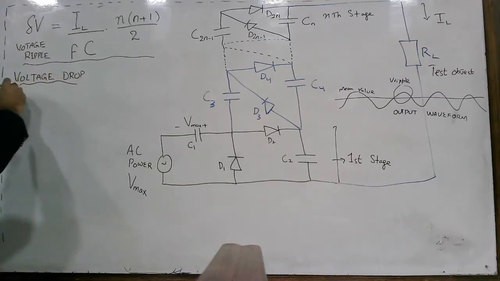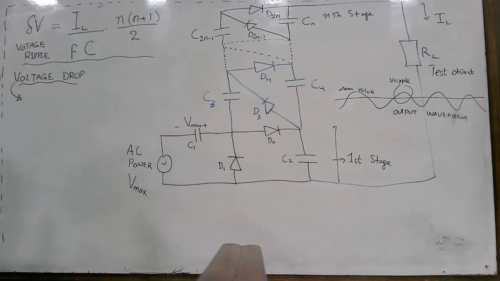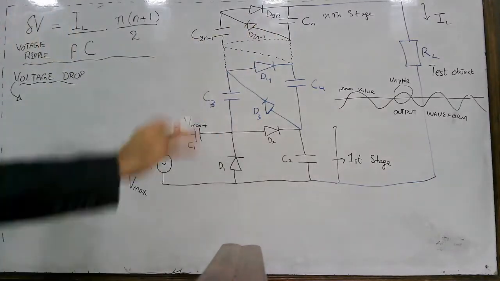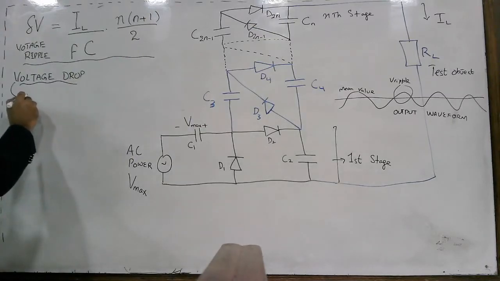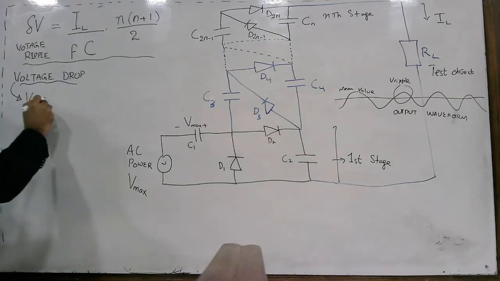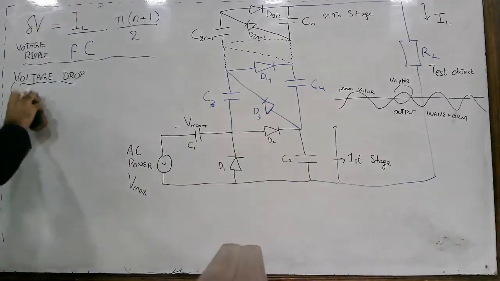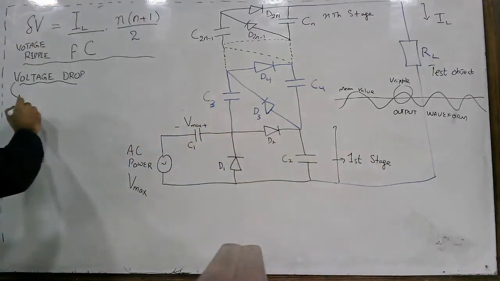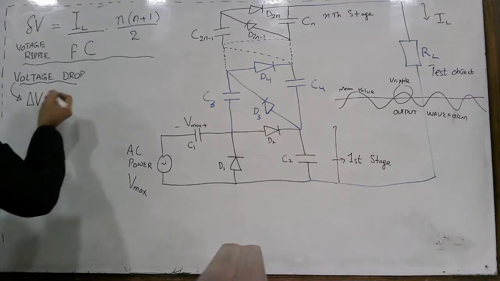That is, it will tell us how much voltage will drop when you put in the test object, and that equation is: V drop is equal to, now this equation tells us, actually, delta V, yes, okay, delta V.